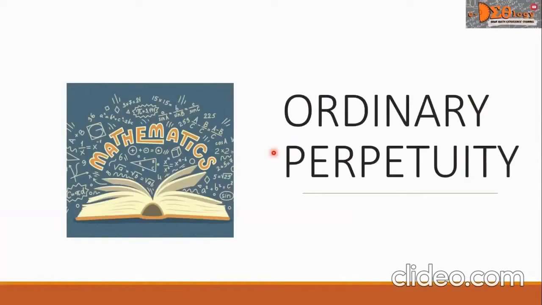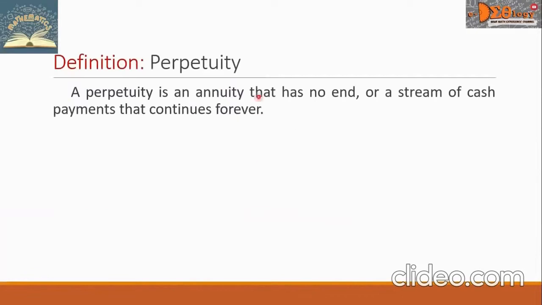Hi everyone, today we're going to study ordinary perpetuity. Let us first define perpetuity. A perpetuity is an annuity that has no end, or a stream of cash payments that continues forever.